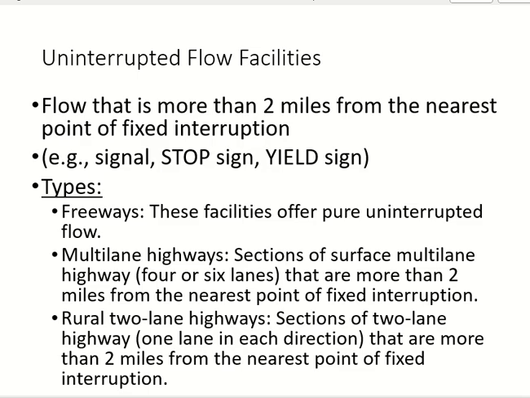The full highway is not uninterrupted, but some parts of these highways are, the parts which have more than 2 miles between intersections. No intersection, we call it freeway. If there is an intersection, then we have to look at the spacing. Spacing more than 2 miles, it can be a multi-lane highway or a 2-lane highway.